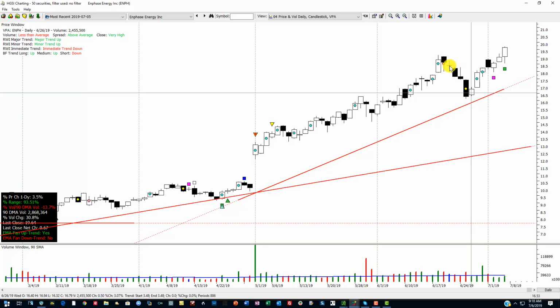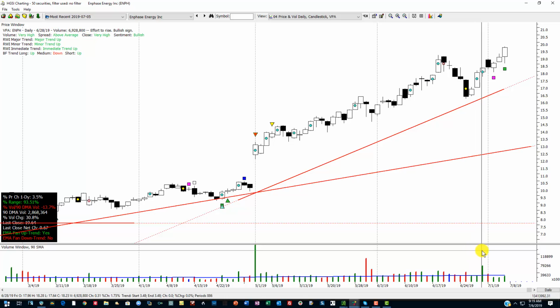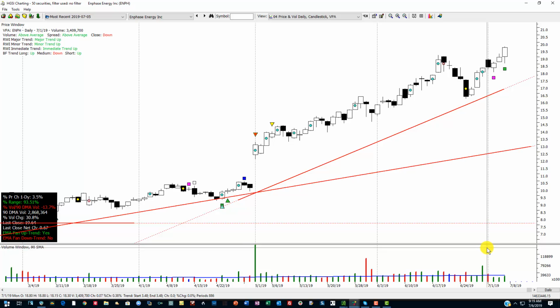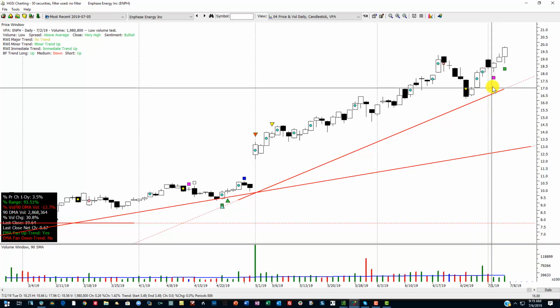So weak or neutral, weak. Inside day is a strong bar, and then this was followed by an effort to rise on relatively light volume, and then you can see more volume coming in. On this down day, the volume was much less than the prior day. It closed maybe 25% up the candle, and then there was a test.